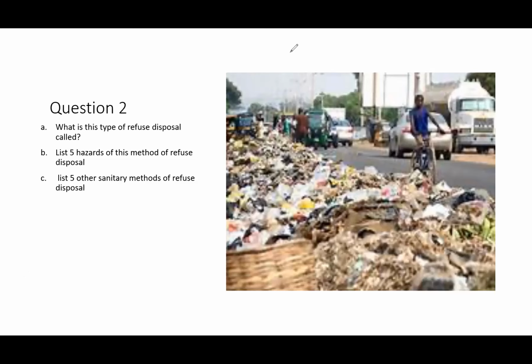So the question here, what type of refuse disposal is this? Just when you see open dumping, the option is the answer. Then mention 5 hazards of this method of refuse dumping.